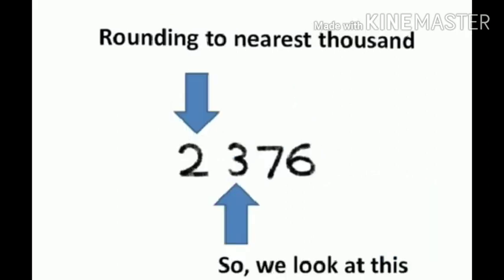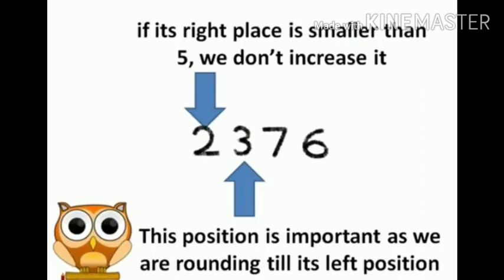Now let us try rounding to the nearest 1000. 2 is at the 1000 place, and to its right the 100 place is 3. Now the 100 place 3 is less than 5. So all places to the right of the 1000 place become 0, and the 1000 place will remain the same.